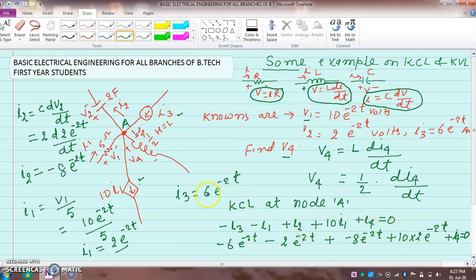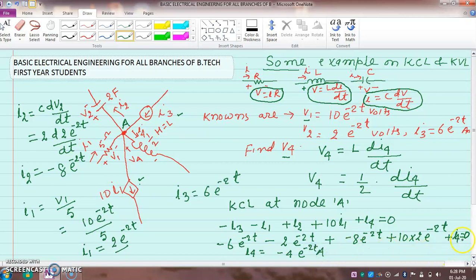Now you just manipulate this equation. 6 minus 6 and minus 2, it will be minus 8 and minus 8, minus 16, and here plus 20. So minus 16 plus 20 will be plus 4. So finally we can write I4 equal to minus 4 e to the power minus 2t ampere.